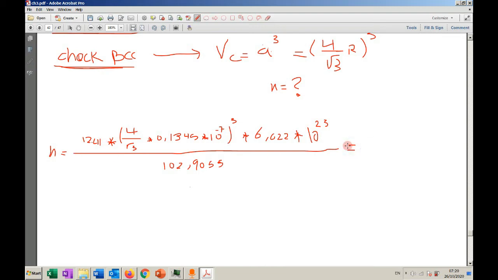So if we calculate this one and we don't get close to 2, we know that this is not a BCC crystal structure. We already know it's not going to be BCC, but let's calculate to see how much it will be. It takes a bit of time.